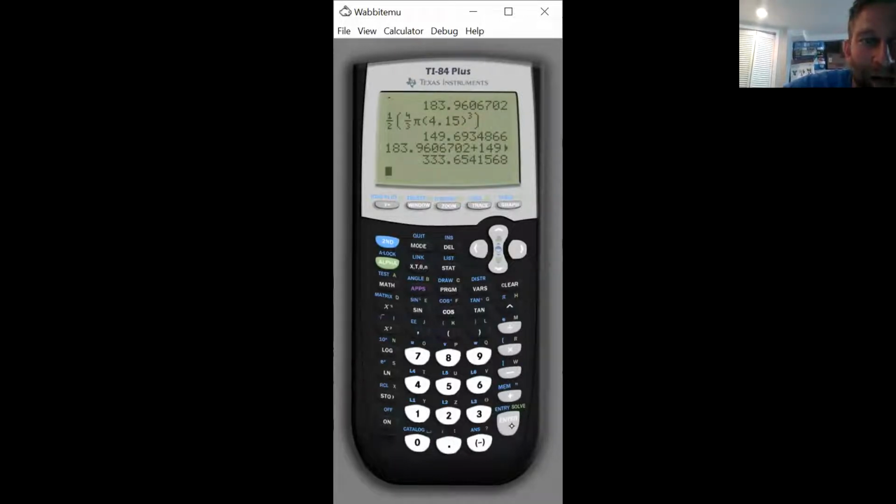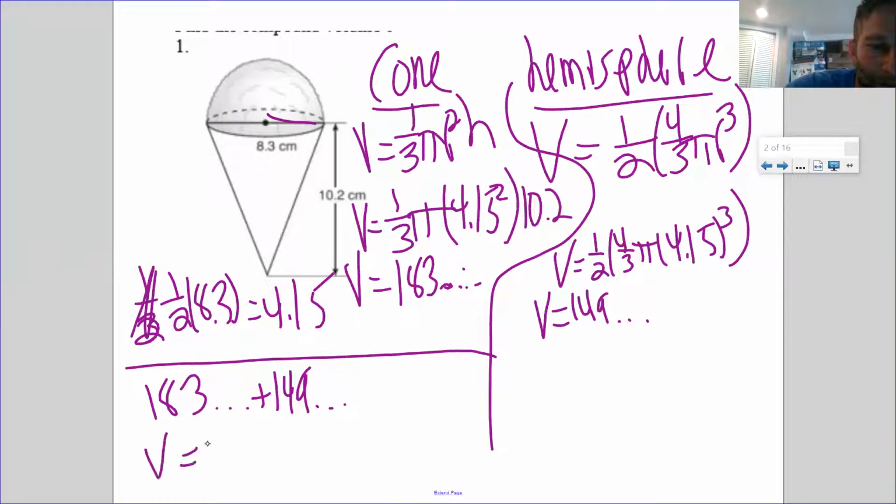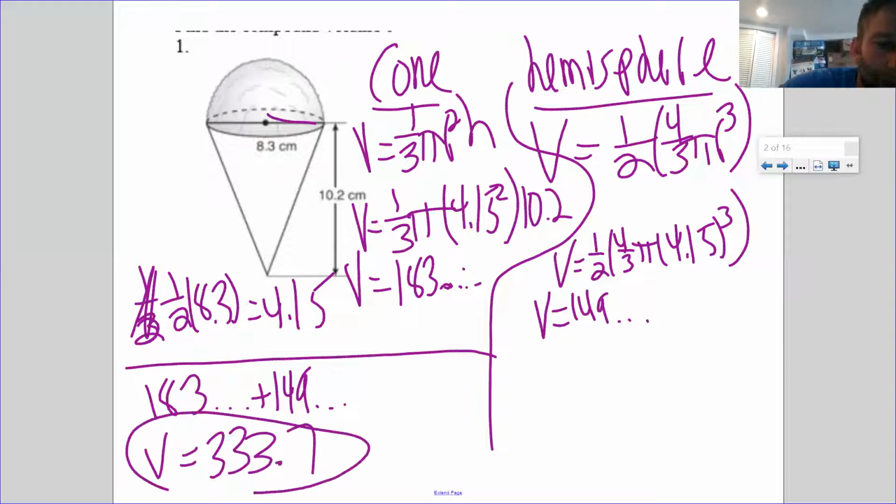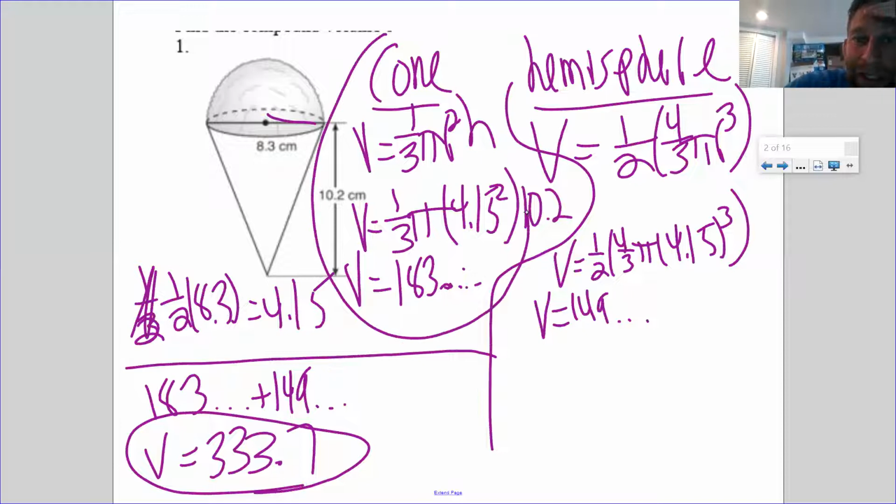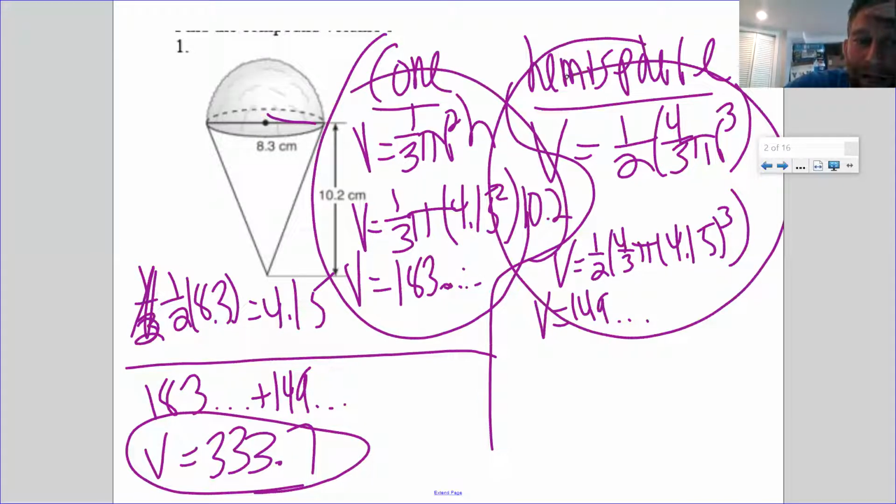And now I can round it to the nearest 10th, 333.7. So that's compound volume. Compound volume is a shape made of multiple shapes. Find the volume of each shape, add them together.